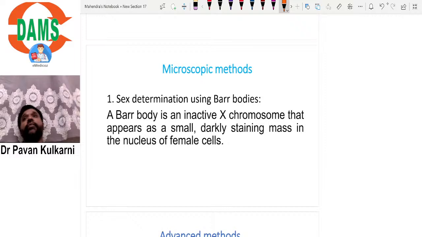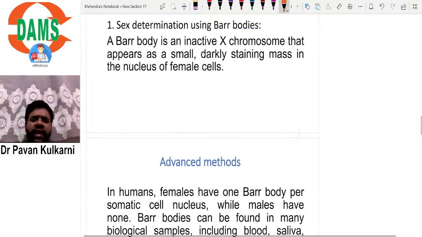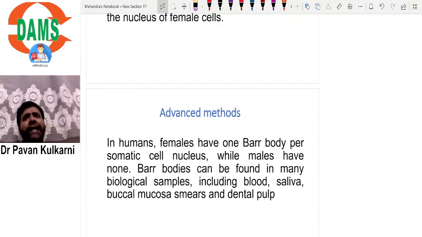Now the question comes, what tissues can be used as a source of these bar bodies? We can use various tissues such as blood, saliva, buccal mucosa, and even dental pulp. Dental pulp is also used for visualization of these bar bodies.